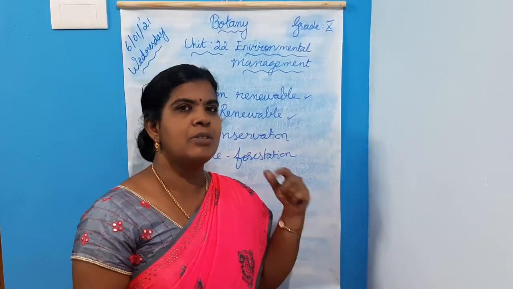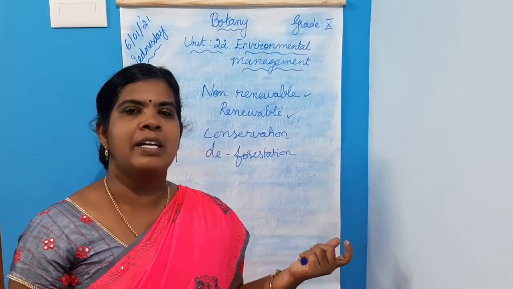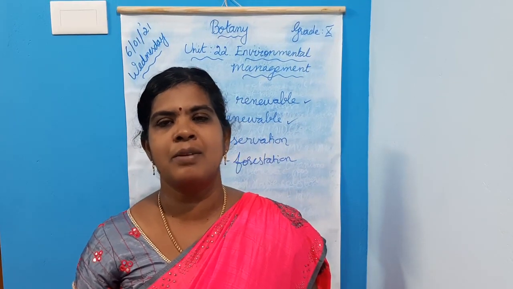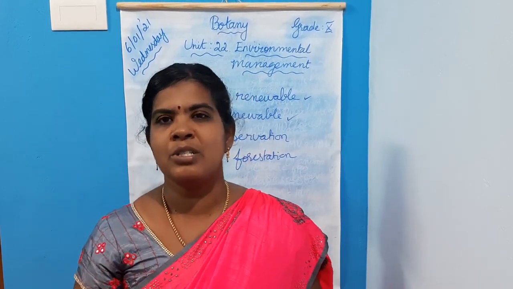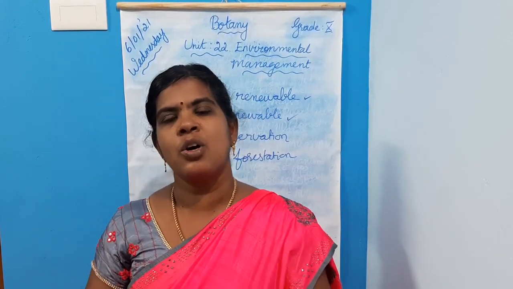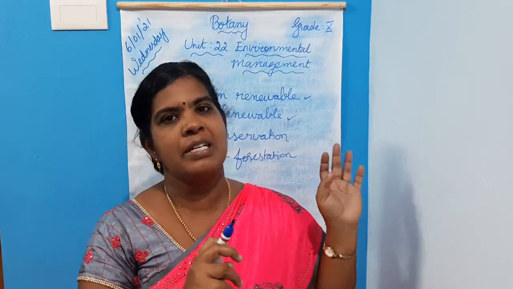That is, this deforestation leads to ecological problems like flood. If there are no trees in an area, if there is rainfall, there is a possibility of flood happening, isn't it, ma'am? Then drought, soil erosion. If there are no trees, the topsoil may be lost and is easily blown away by wind.